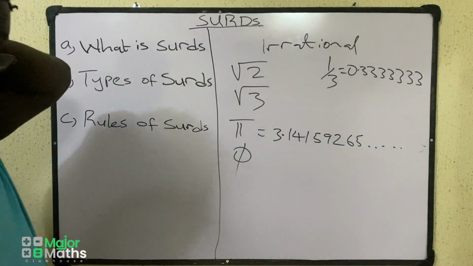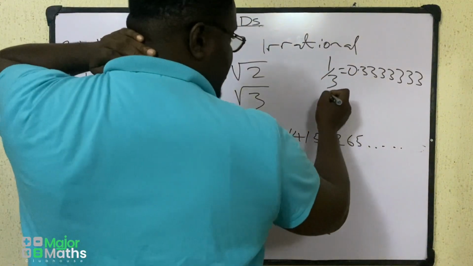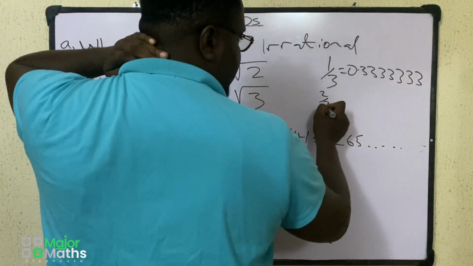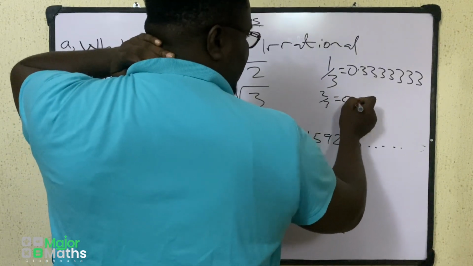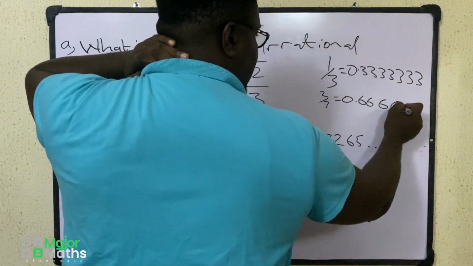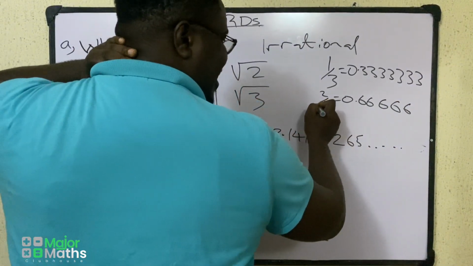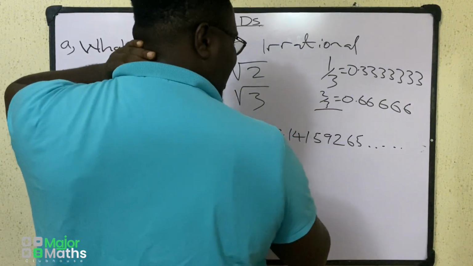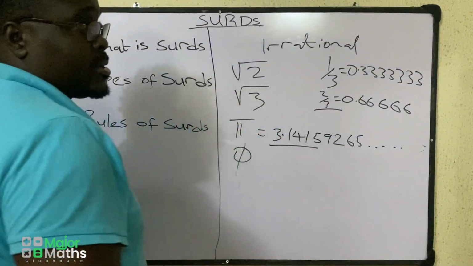There's no definite pattern, you understand? Same thing with 2 over 3, which always gives you 0.6666. So this is a rational number, while this is an irrational number.